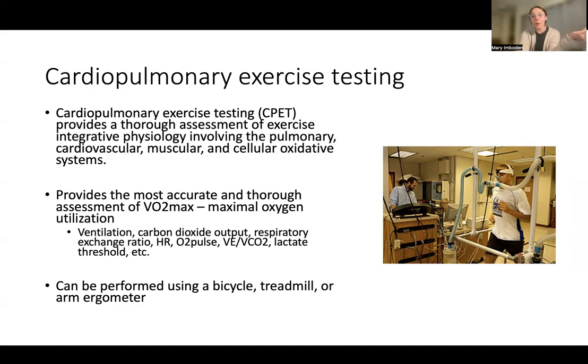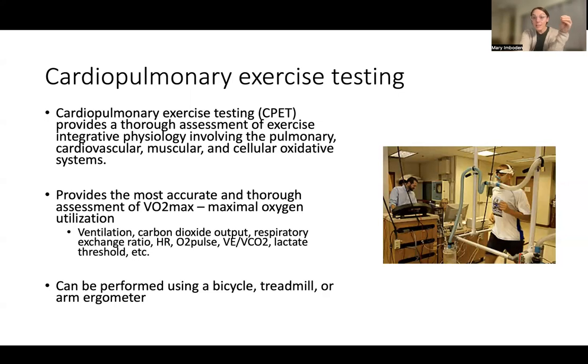Specifically, though, cardiopulmonary exercise test is the gold standard because it provides a thorough assessment of exercise capacity, and specifically looking at the integration of the pulmonary, cardiovascular, muscular, and cellular oxidative systems.